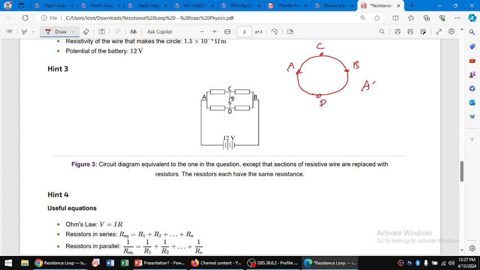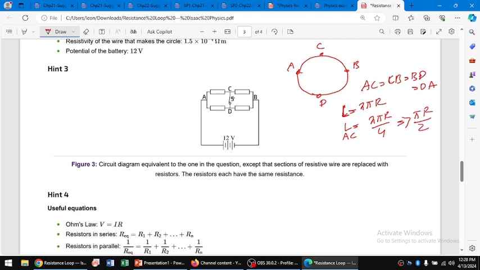Given that AC is equal to CB is equal to BD is equal to DA, all lengths are equal. If we have a complete circle, that is the circumference, so the length L is equal to 2 pi r. So the length of AC is equal to 2 pi r over 4, that is equal to pi r over 2.